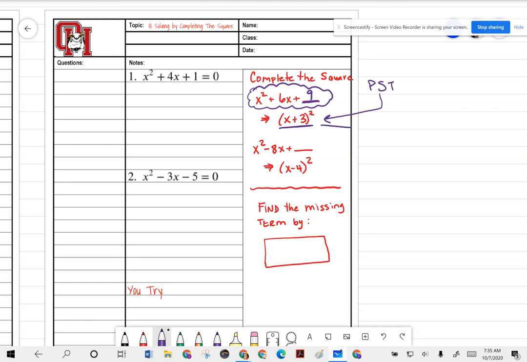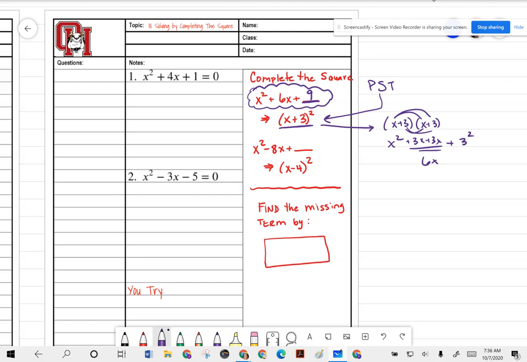That's because if you multiply x plus 3 times x plus 3, you get x squared, 3x there and 3x here. That's why you'll always end up with a double amount of those middle terms. And then the last one is just the last term squared, 3 squared.